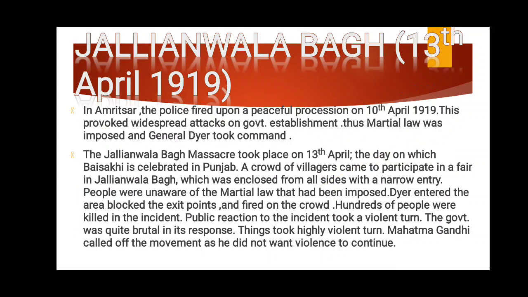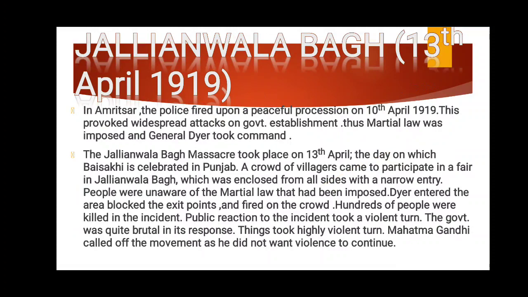The second incident was the Jallianwala Bagh massacre on 13th April 1919. In Amritsar, according to the Rowlatt Act, the police fired upon a peaceful procession on 10th April 1919, and this firing provoked widespread attacks on government buildings.